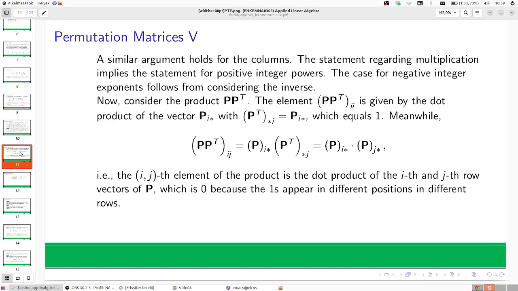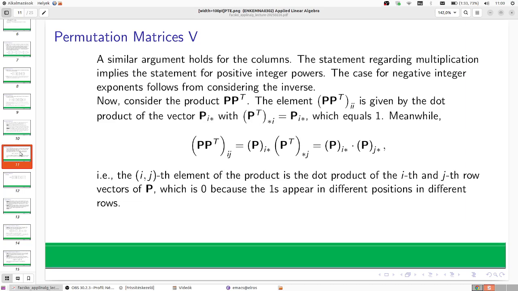So if you do this product of the permutation matrix and its transpose, then the diagonal element is given from this. This P is one column, and the only non-zero element is 1.